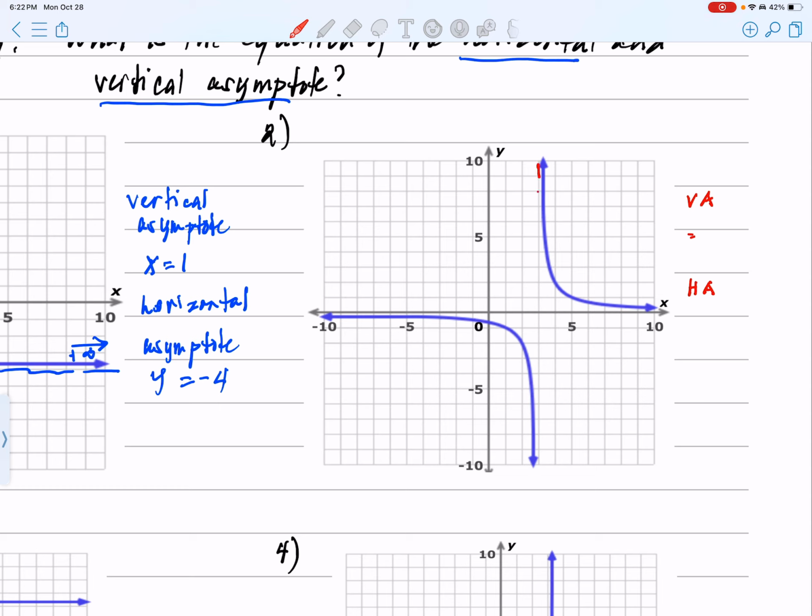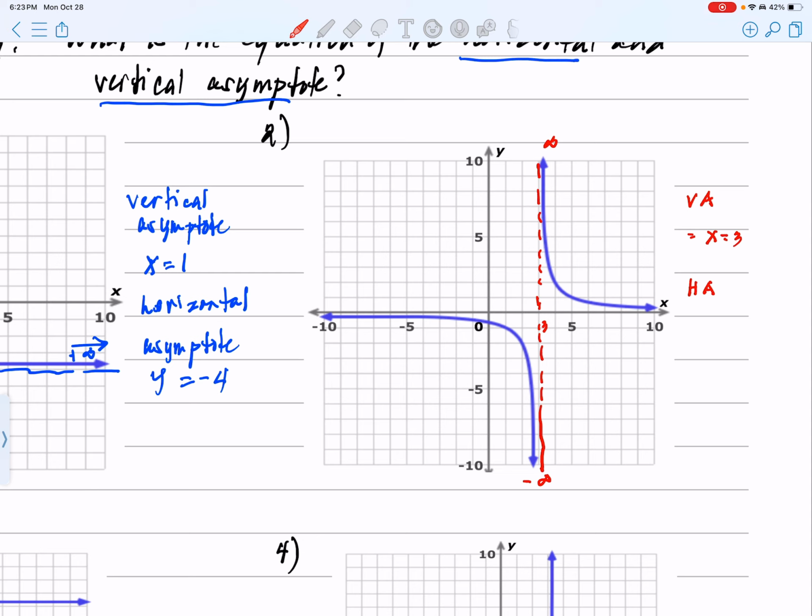Right here. So this is 1, 2, 3. When x is equal to 3, we have a vertical asymptote as y goes to positive infinity and it goes down to negative infinity.